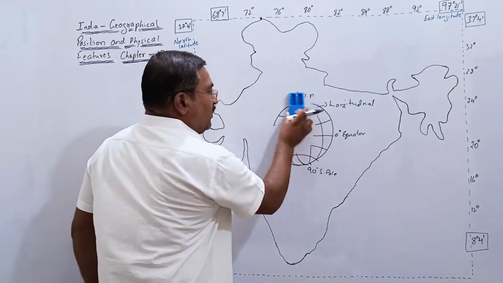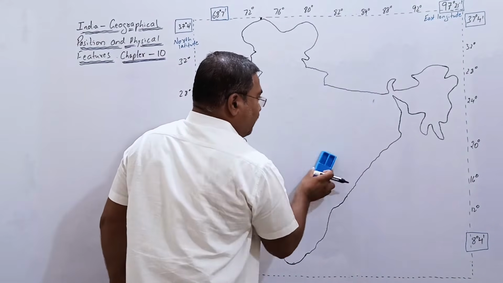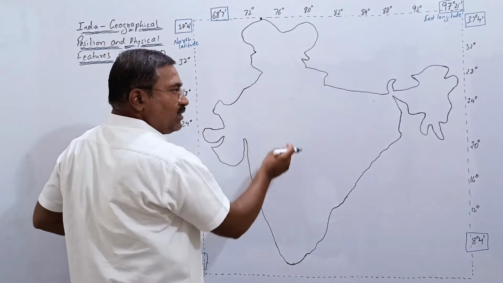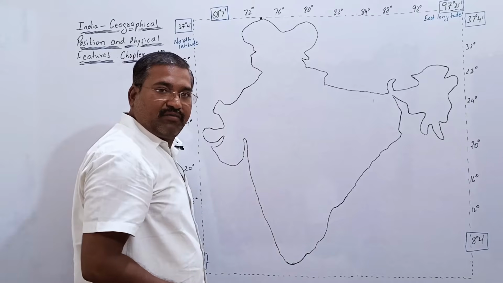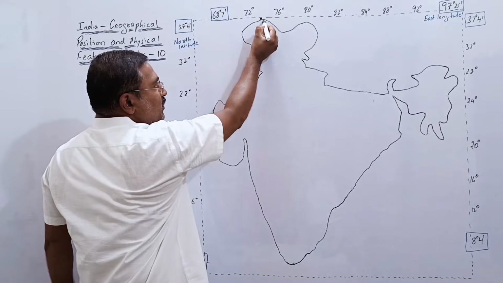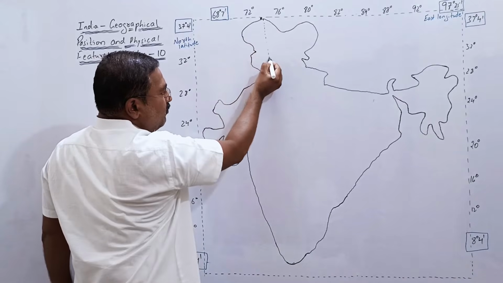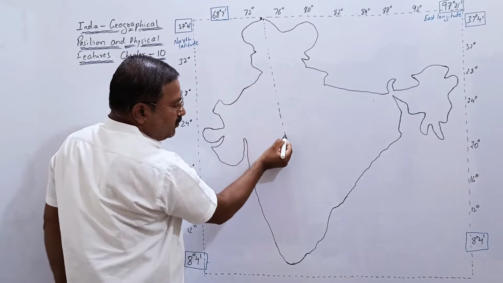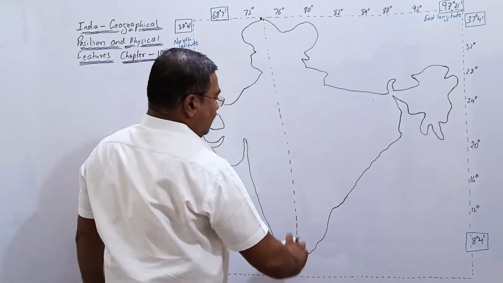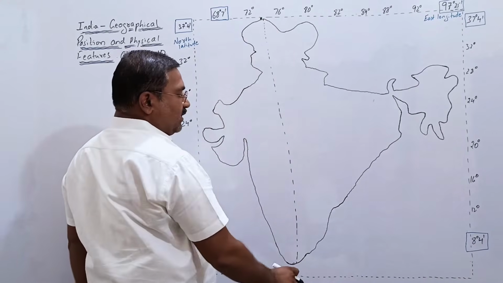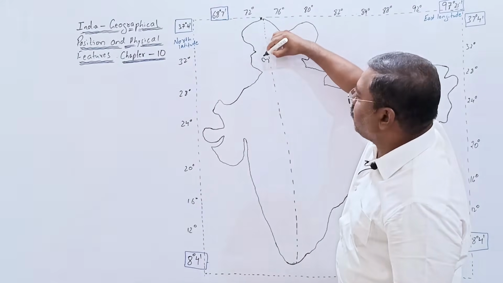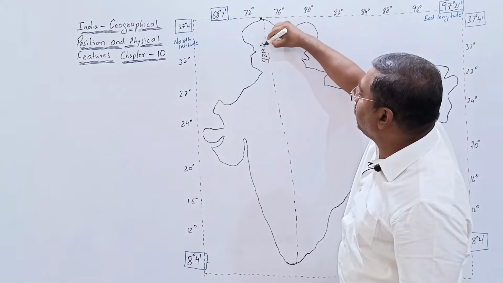Next, let us understand the length of the country from north to south. The length from north to south is 3214 kilometer.